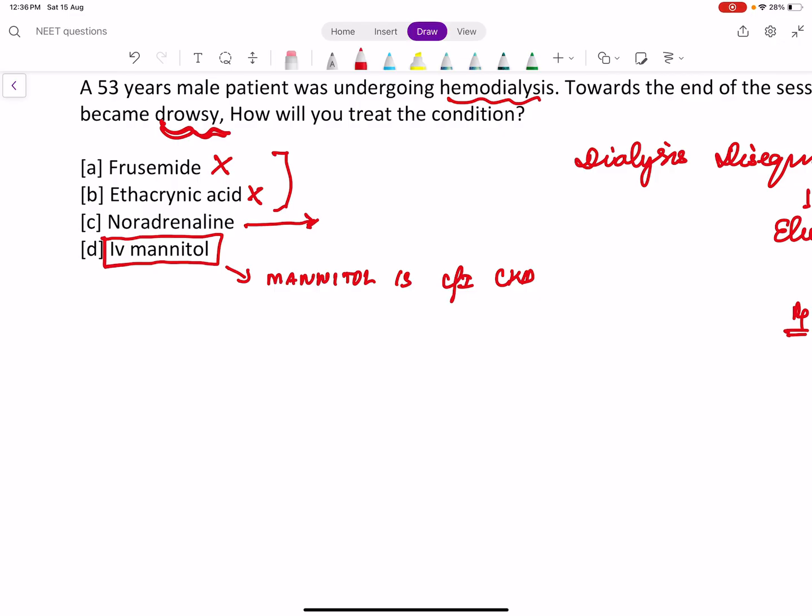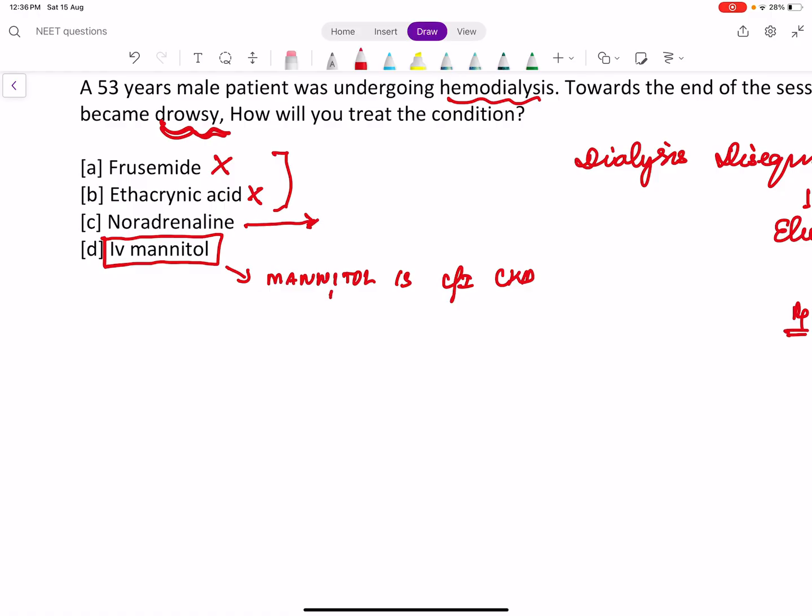When CKD is there, the excess volume cannot be excreted, so it is contraindicated in CKD. And excess fluid is dangerous in heart disease. That is why in heart failure, mannitol is contraindicated, right? So when we see mannitol, we straight away think it's a CKD patient, don't give mannitol.